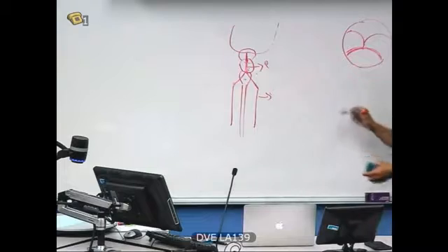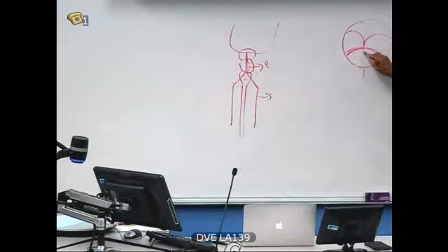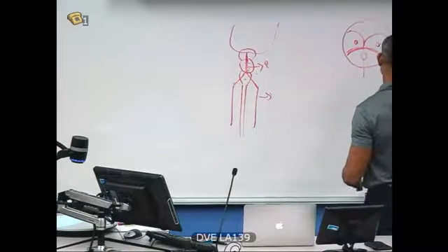So the bottom of the skull has depressions. You guys heard me talk about the fossa. This is the posterior fossa, and the posterior fossa has the foramen magnum, and you have the middle fossa, with the internal carotid arteries. This is a horizontal plane, so it's a view like this.